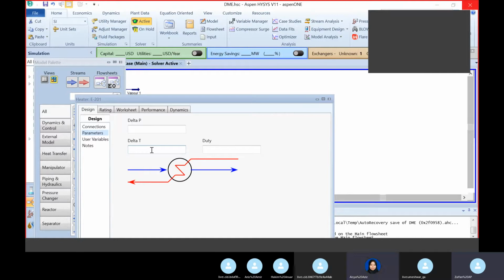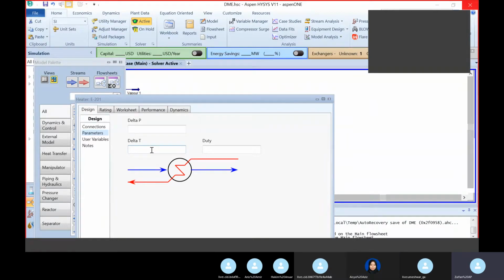M has been specified because we have connected stream 3 into this exchanger, so it will use the same M, because it's mass balance. So M is known. Cp is also known because we know what the composition is, so Cp is calculated accordingly. So 2 of these remaining 4 variables have been specified, right?